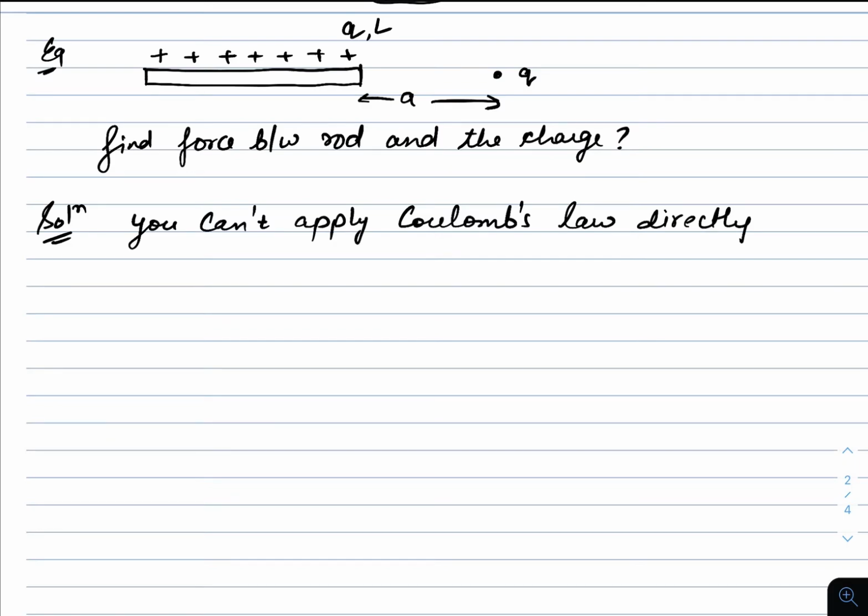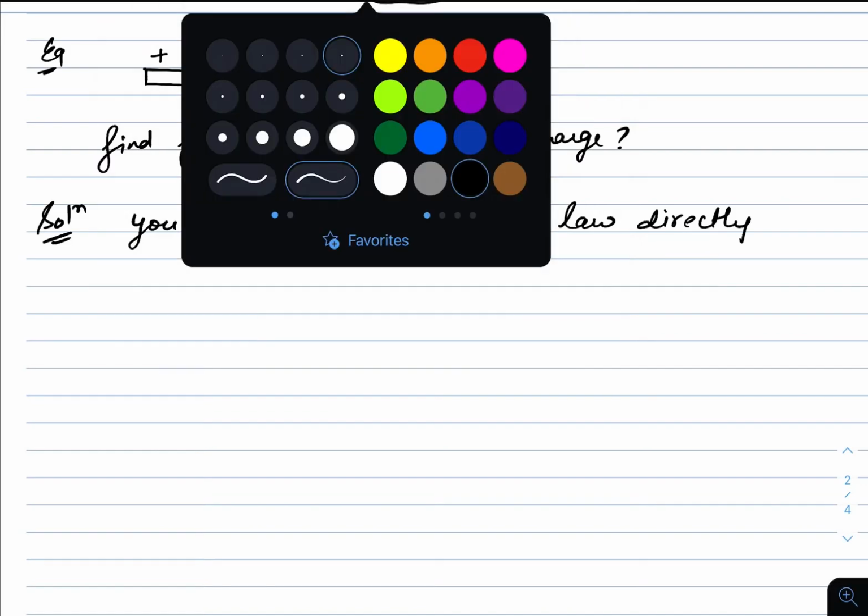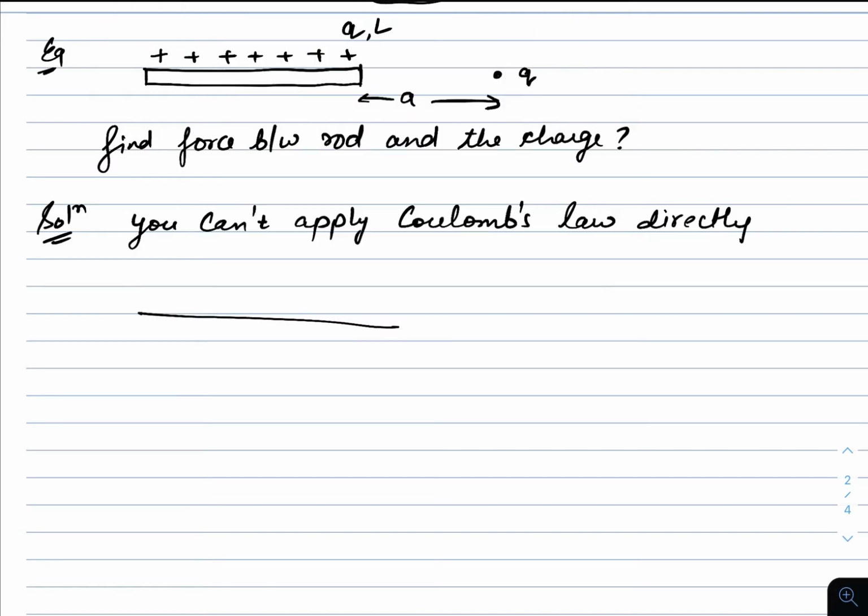So in that case what we have to do is take an element and integrate it. We take a small element of this rod. Say this is the rod and this is the charge, and the charge distributed is Q. This distance is a and this length is l.